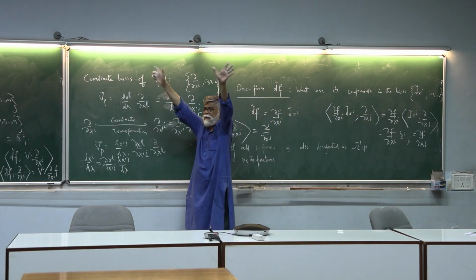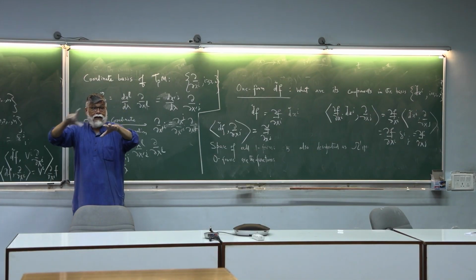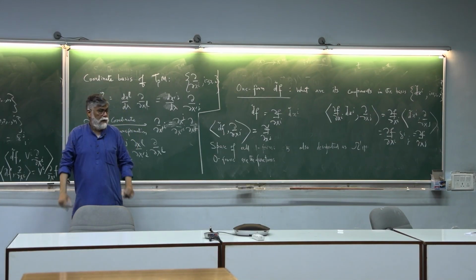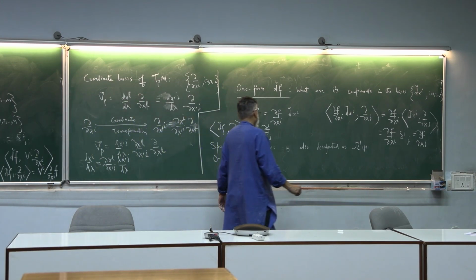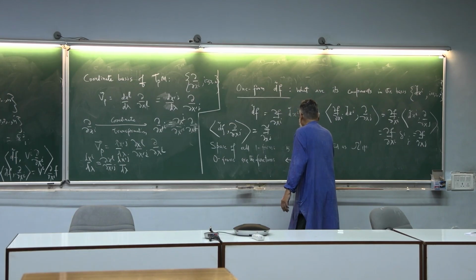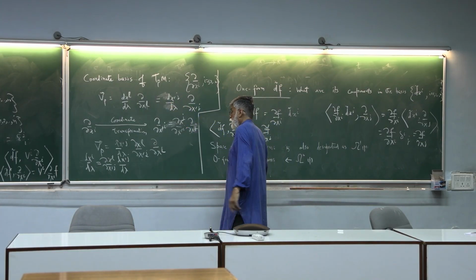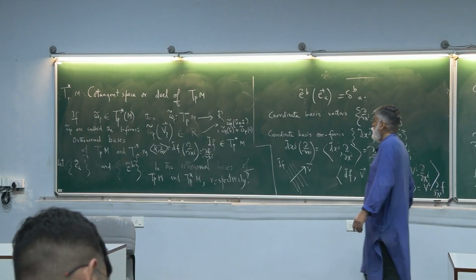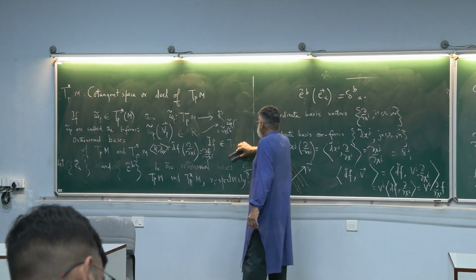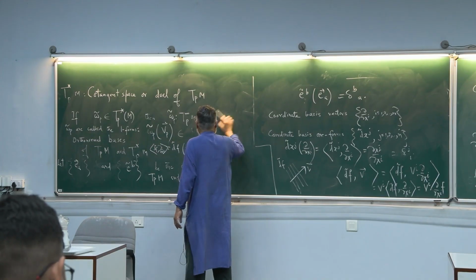So, at the back of the mind there is a manifold, all these are happening, they are acting on the manifold, but they themselves do not belong to the manifold. Other functions, and this space is designated as omega 0. Now, I will erase that part of the board. Now I will talk about wedge product.